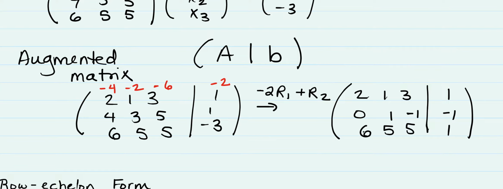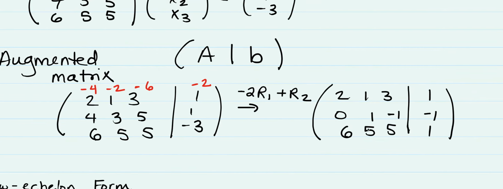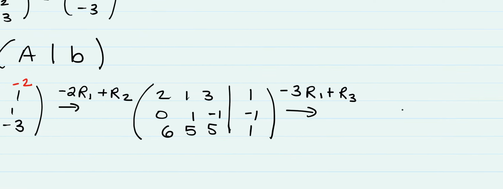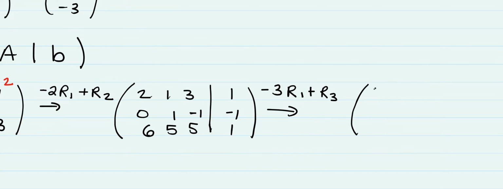Okay. Now let's get rid of this 6. So what we're going to do is take negative 3 times row 1 and add it to row 3. So we're going to leave this alone.